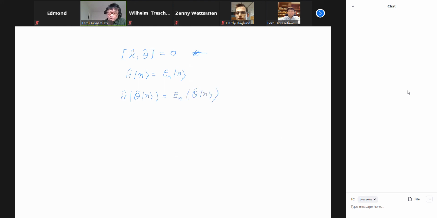As we know from the basic properties of symmetry, this is also an eigenstate of the Hamiltonian with the same eigenvalue En.